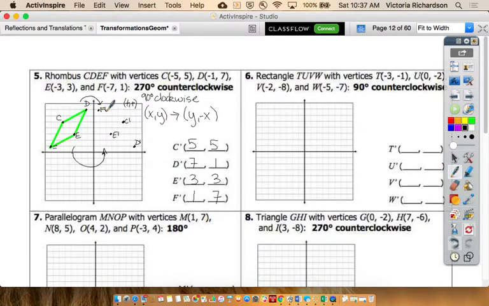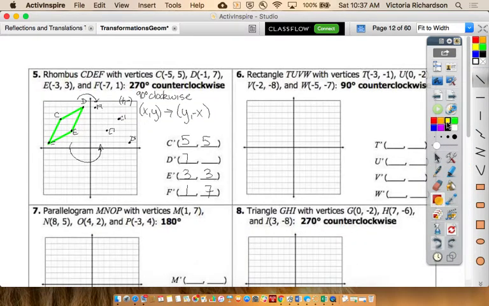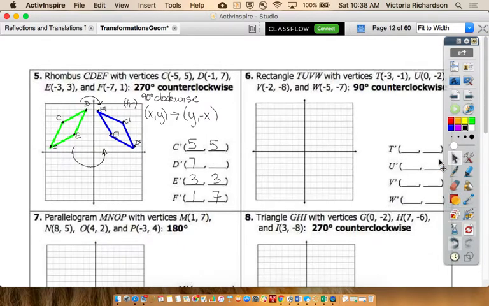Now I'm going to connect. Make sure you use a ruler. And there is my rotation. Once again, this is a great use of patty paper to check to see if you did that right.